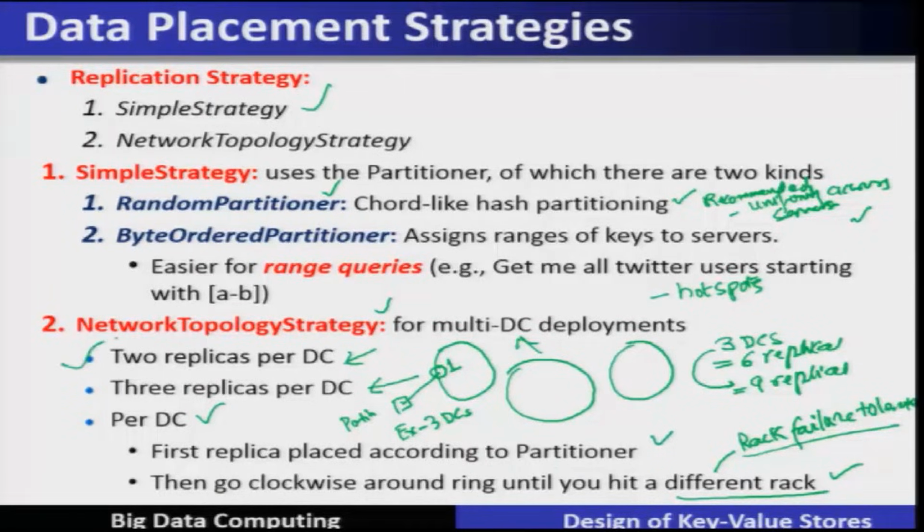Let us use 2 replicas per data center. The other replica will be placed on the ring, and the second replica will be placed so that replica 1 and 2 reside on different racks.